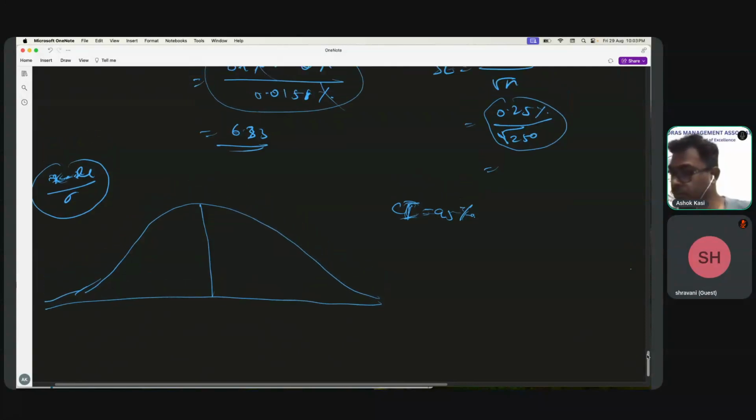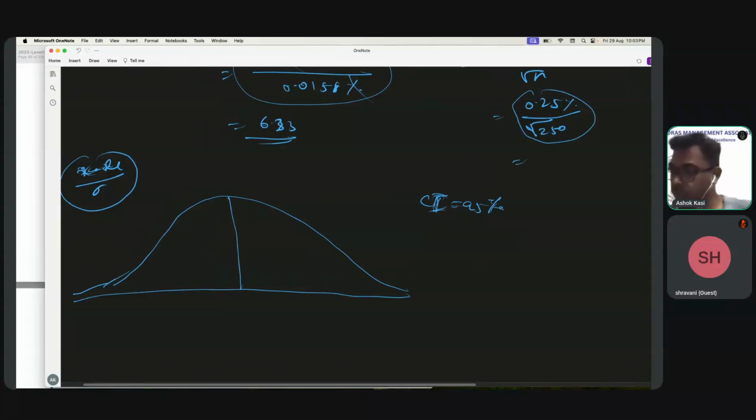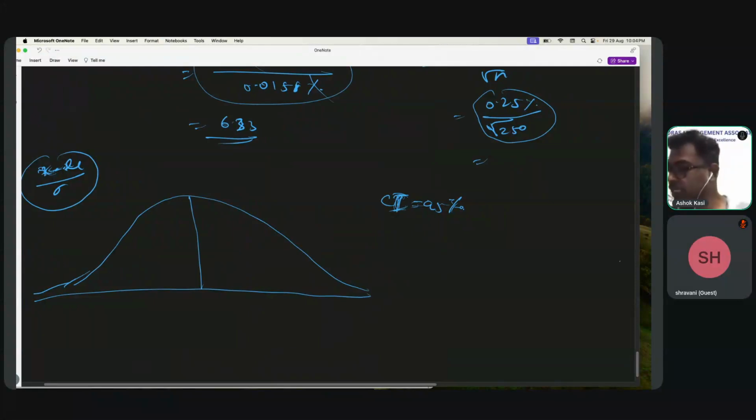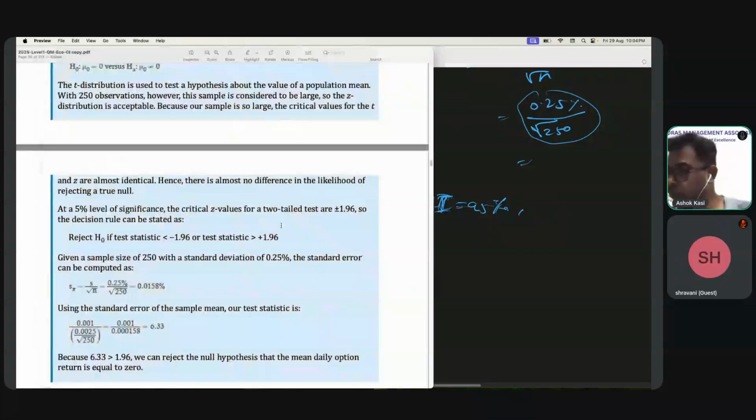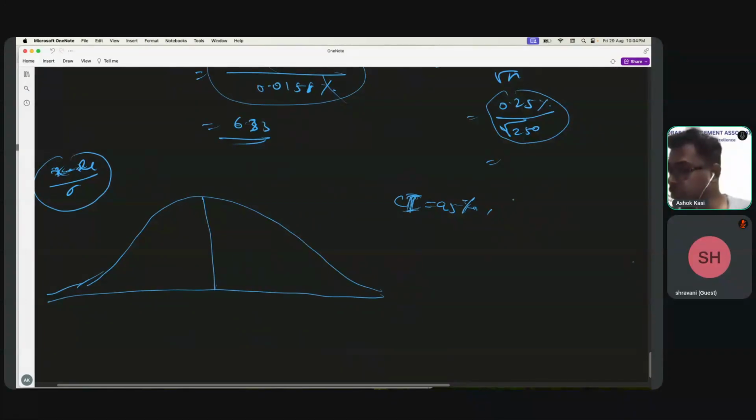When we do this calculation with 95% probability, the z-score value will be plus or minus 1.96. On the number line, this is 0, 1, 2, 3, and here minus 1, minus 2, minus 3.